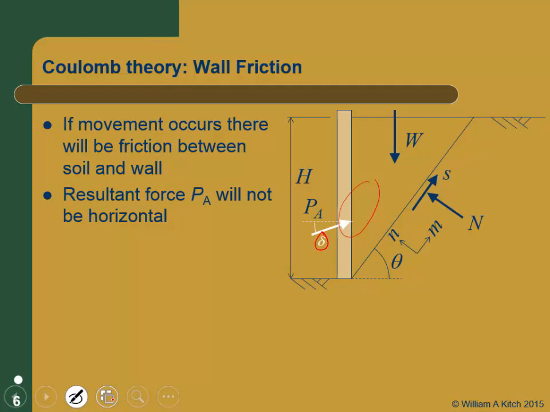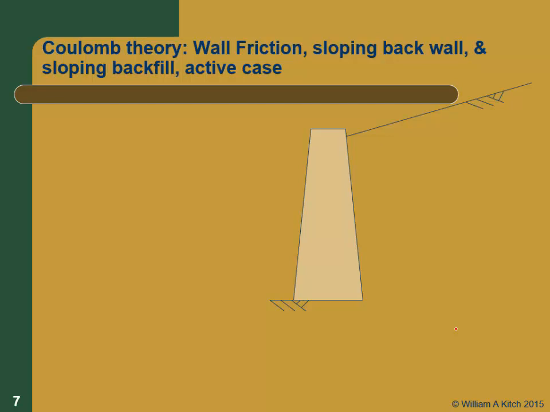So the big difference in Coulomb is that he assumes delta is constant. But the other thing that you can do with that is the back slope angle does not have to be horizontal, and the back of the wall doesn't have to be vertical either, because once you know alpha, you have to know beta, and you're going to have to know delta.